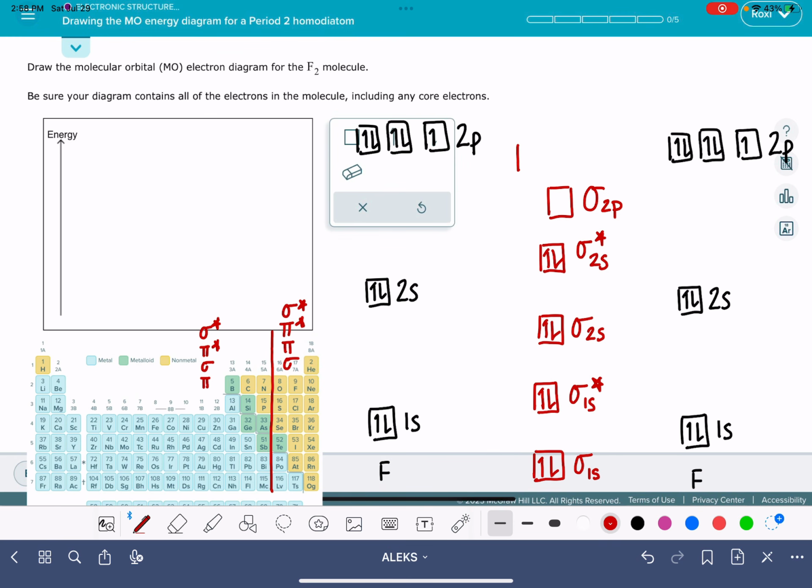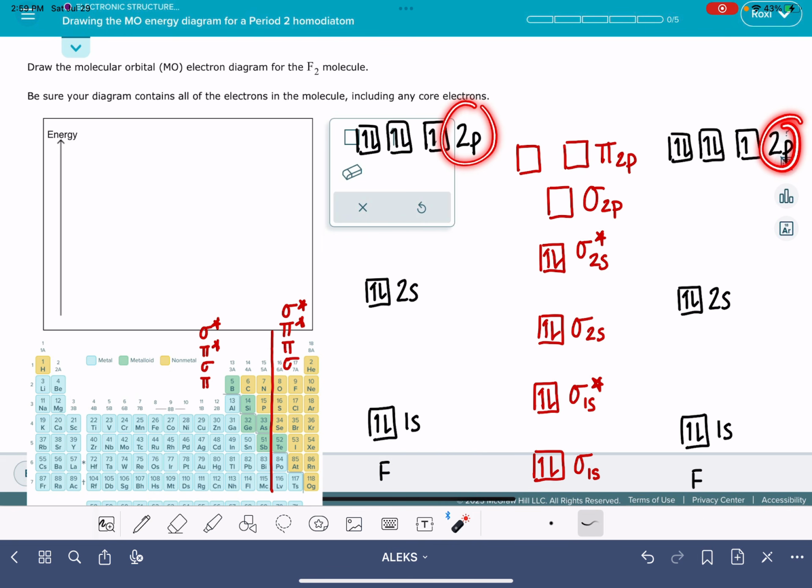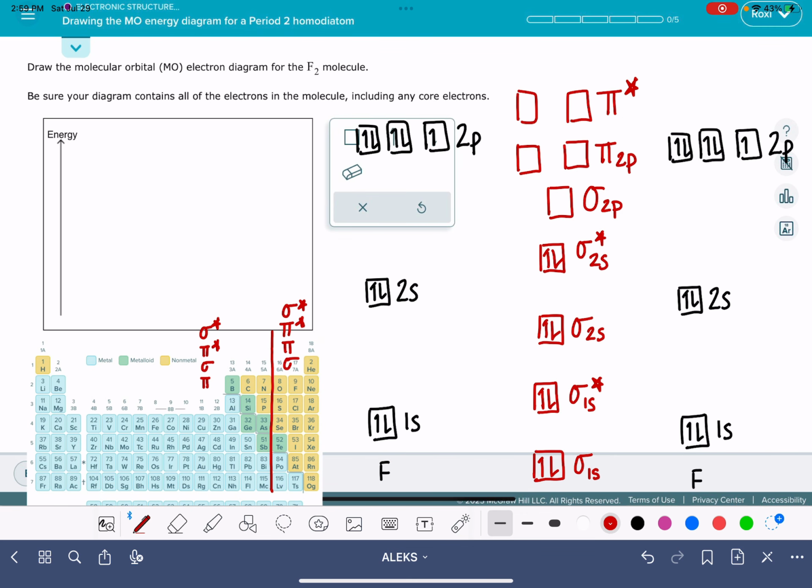There are 2 pi bonding orbitals. Pi also comes from 2p. Above that, I have my pi stars. There are 2 pi star orbitals, anti-bonding, also 2p. And then above that, I have my sigma star, which also comes from 2p.